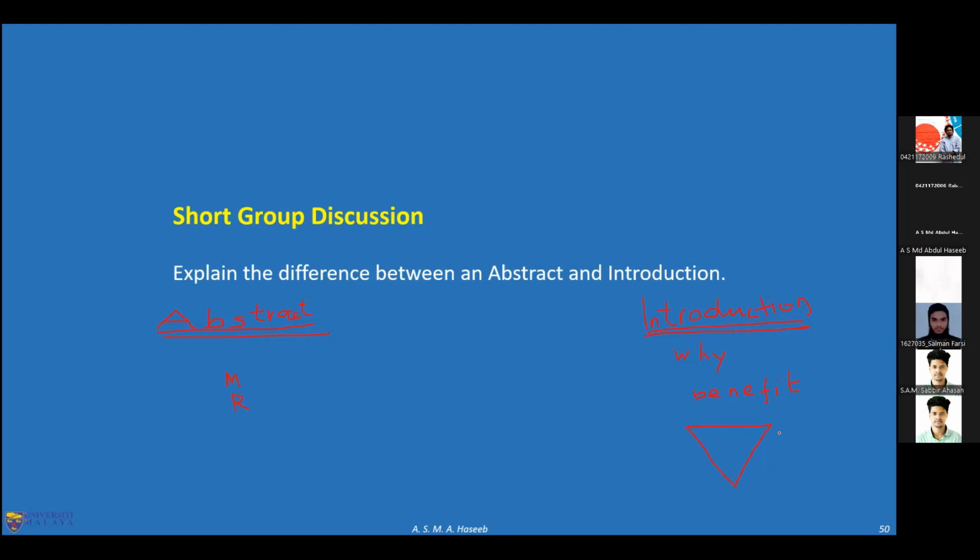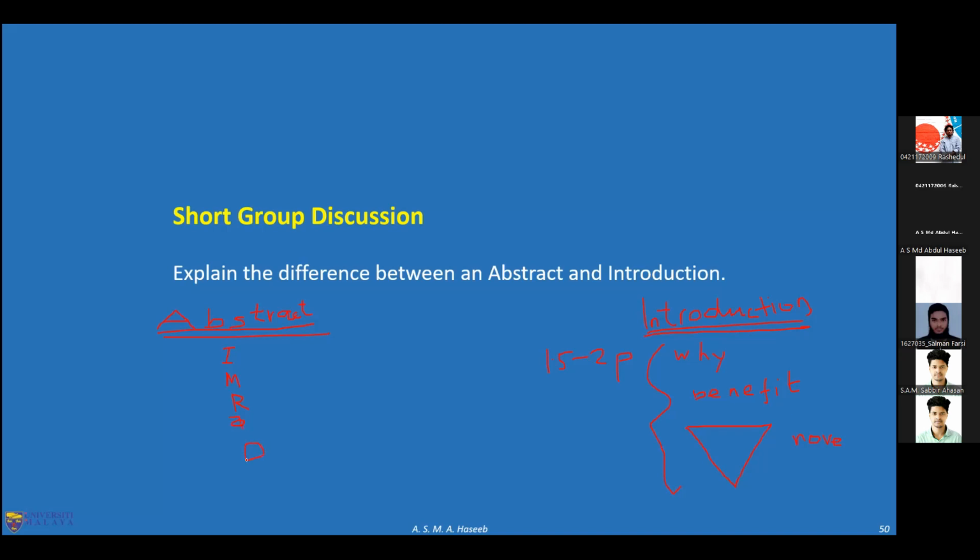What is the benefit or significance of this solution? What is the novelty? What is new here? So these sorts of things should be elaborated in the introduction. It's about 1.5 to 2 manuscript pages. On the other hand, a well-balanced abstract will have an introduction, methodology, results, and discussion as well.